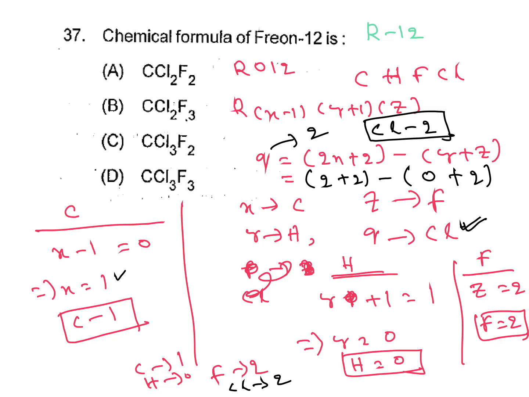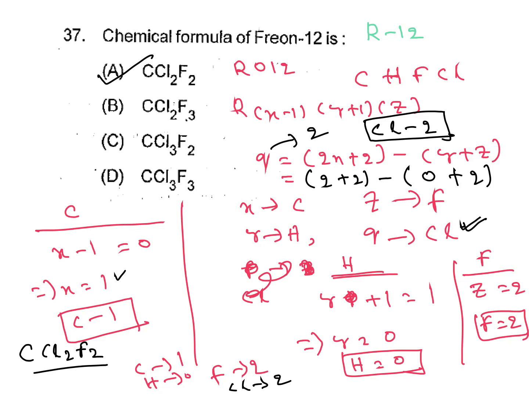So carbon 1, H not available, CCl2F2. This is our answer. A is our answer. One more thing is important here. R12 we are using in domestic refrigerator, used with reciprocating compressor.